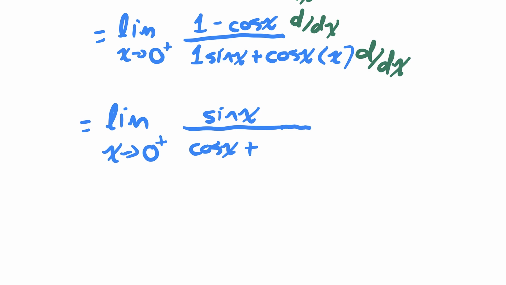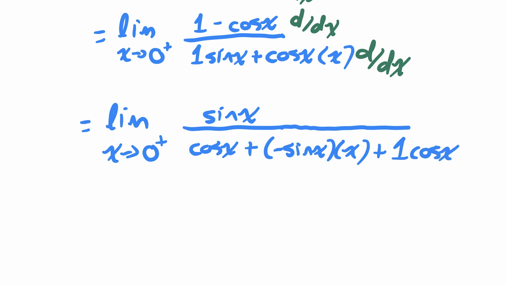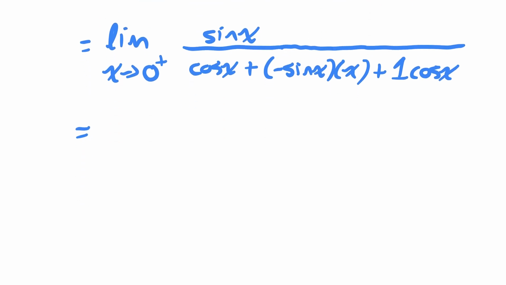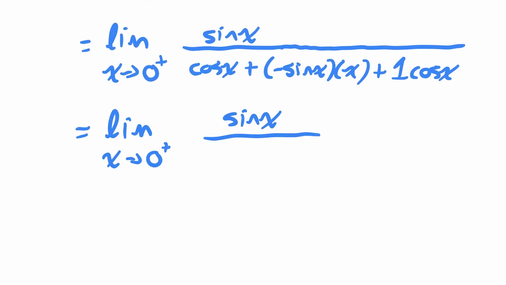Plus, I'm going to need product rule when I do the derivative of cos x times x. The derivative of cos x is negative sine x. That has to be multiplied by x. Plus, the derivative of x is 1. That has to be multiplied by cos x. I can collect some like terms in the denominator. I have a cos x plus a cos x. That's 2 cos x minus x sine x.